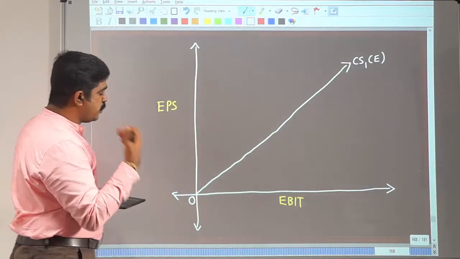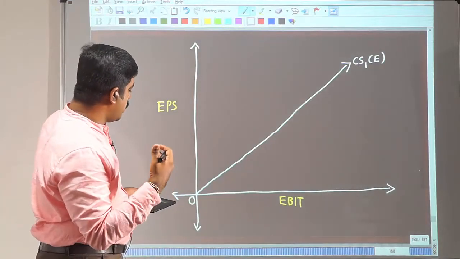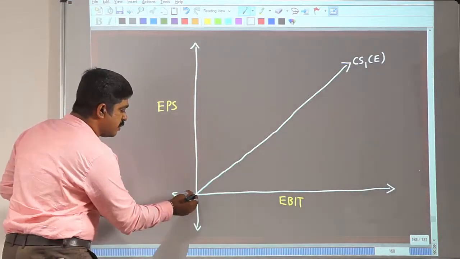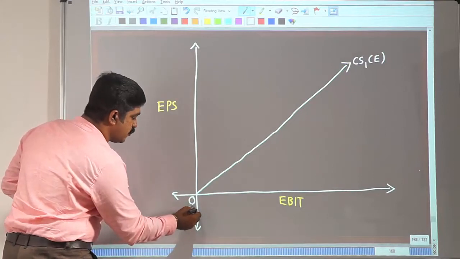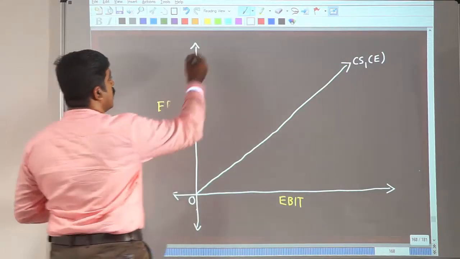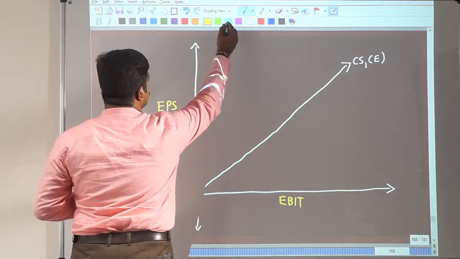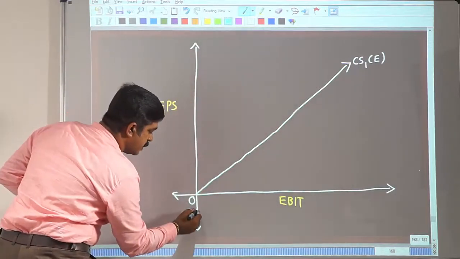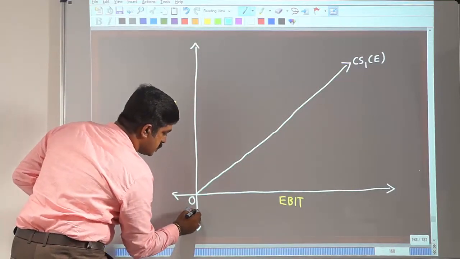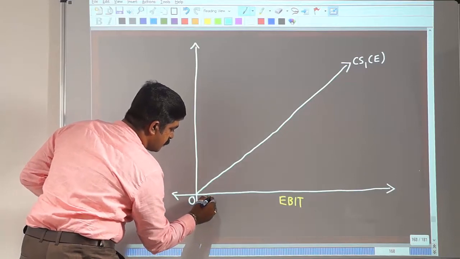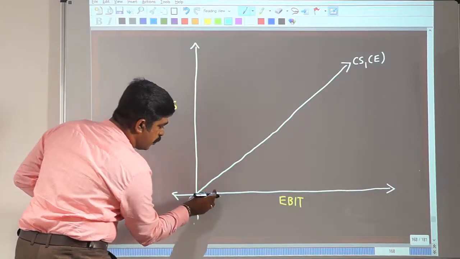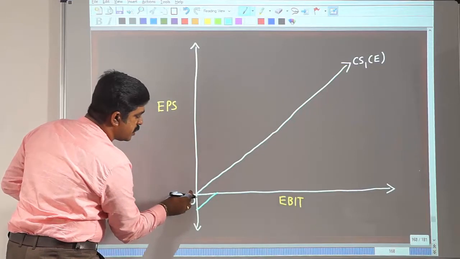So if I want to plot a line for my debt option, I cannot start from here, rather I should start somewhere from here. Let me highlight that in a different color. So this is my debt option. My debt option starts from here and it goes. This is the point where my EPS becomes 0.